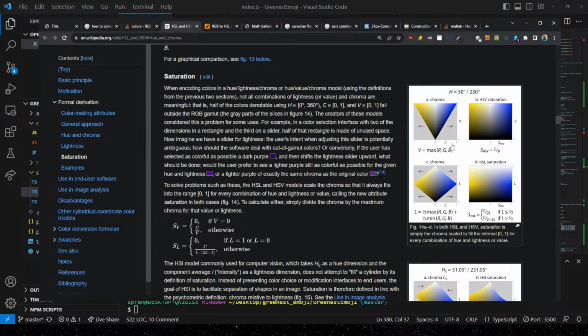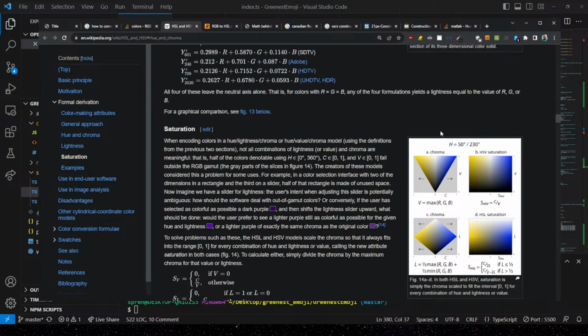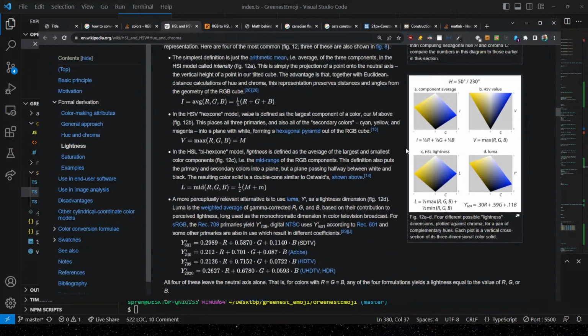No. Because this is a graph of C and V. Wait a minute. So what's... I thought I was using an HSL model, but now I'm starting to think otherwise.